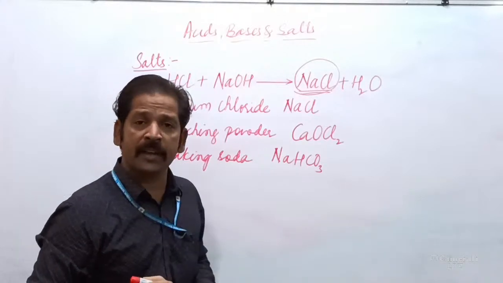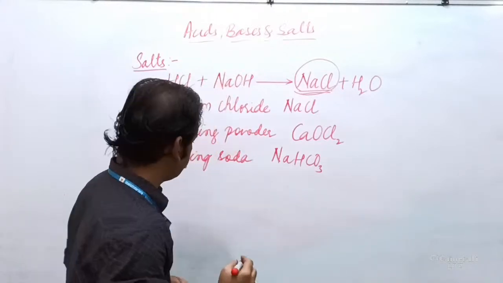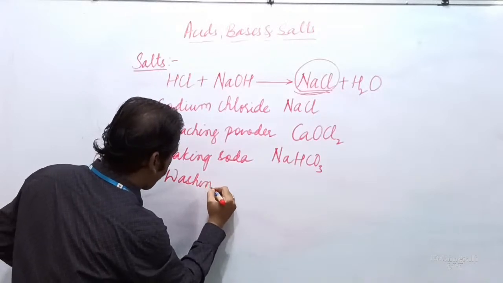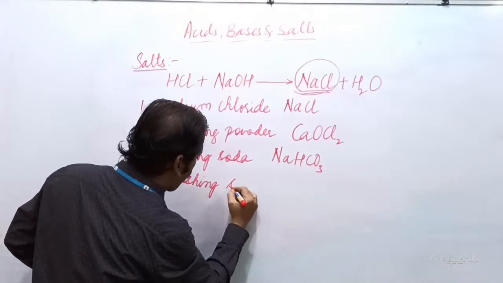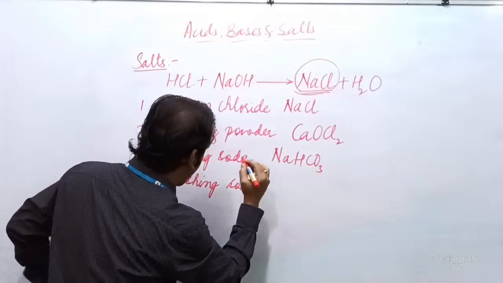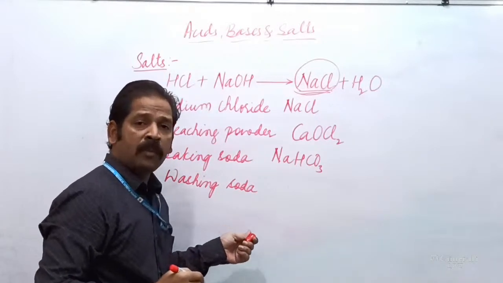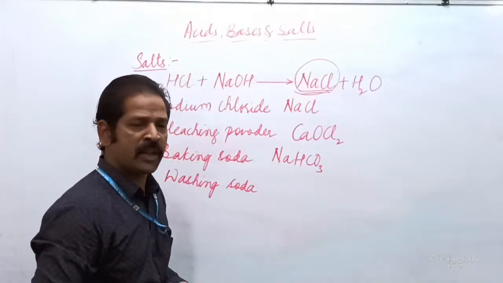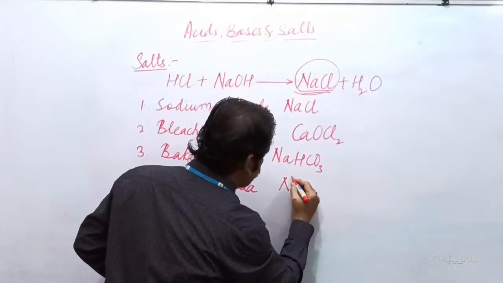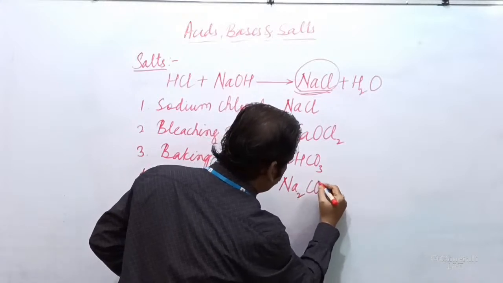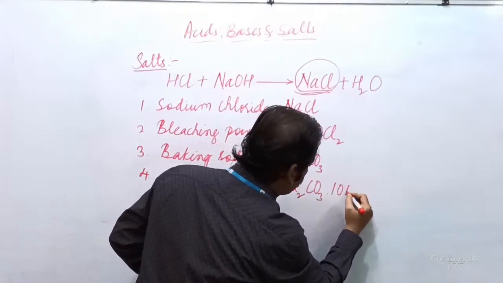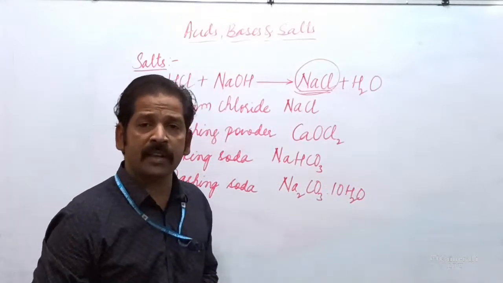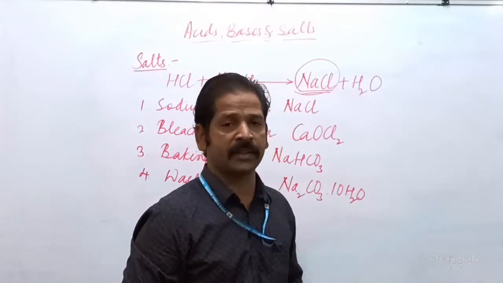The fourth salt is washing soda. The formula of washing soda is Na2CO3.10H2O. The last one is plaster of Paris.